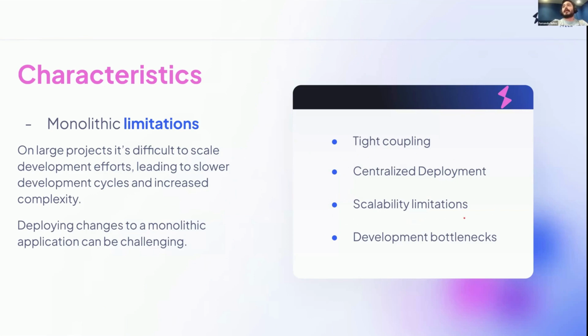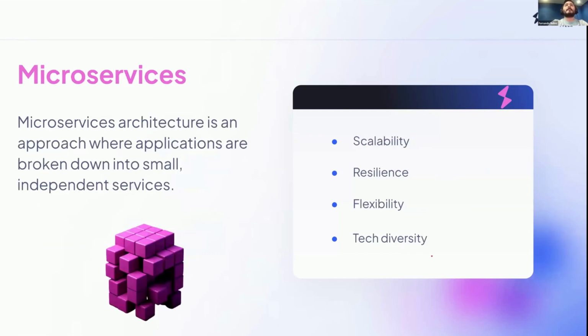Also, monoliths have some scalability limitations because we have a big server, which probably costs a lot of money to scale in terms of memory or processing, compared to, for example, microservices. And development bottlenecks, as we talked about, maybe code conflicts or even feature problems that the different teams have during the sprints.